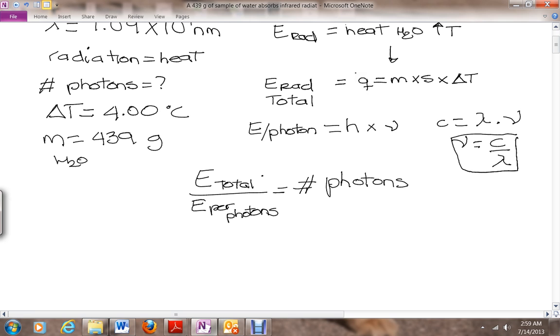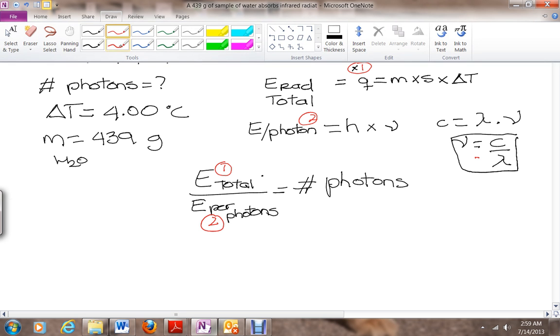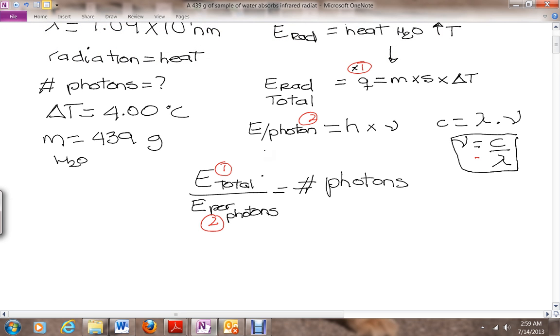So let me put this as equation number one, and the energy of a photon as equation number two. Let's find the values for each one, and then find the number of photons.